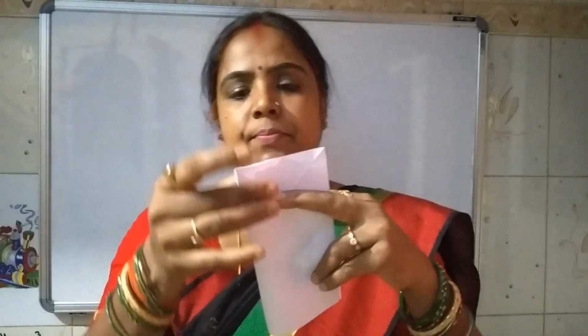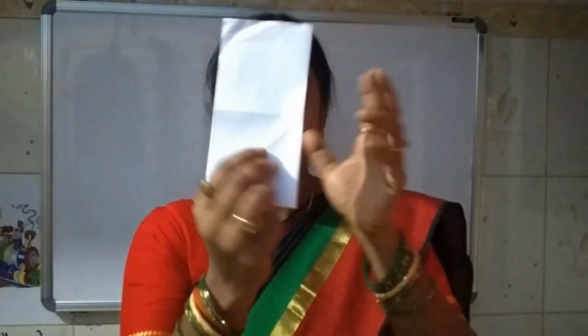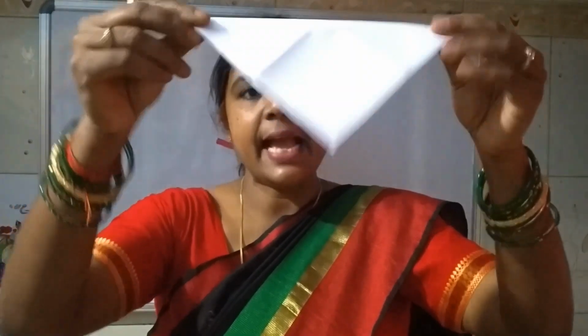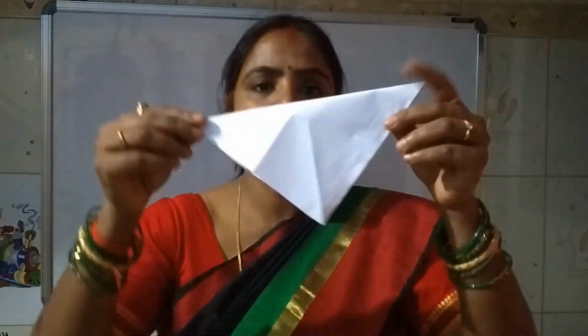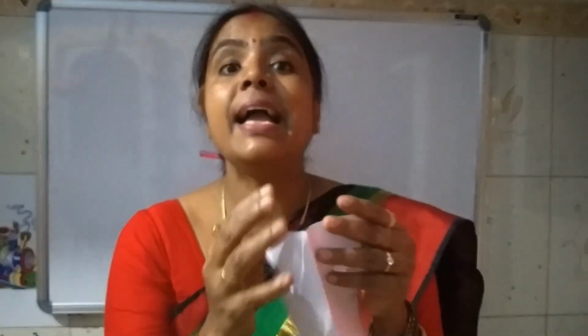It overlaps, exactly the same. It is not coming out from anywhere. Now we are folding it diagonally, exactly the same, and then this is the fourth one. When I fold it like this, this is also exactly the same. Clear? So when we fold any plane figure and it overlaps each other, this is the best example of the line of symmetry.